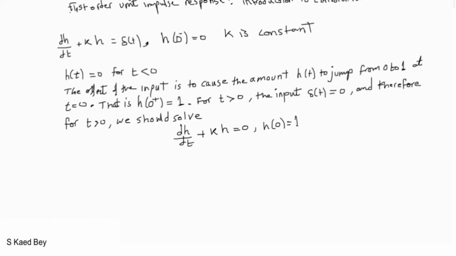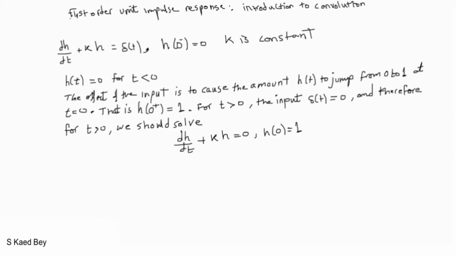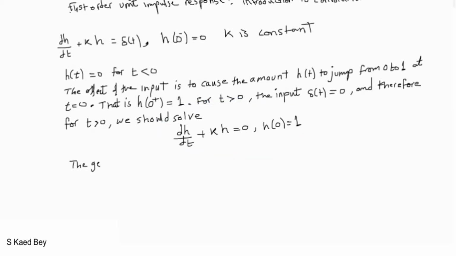Since we are interested in the unit impulse response for t greater than 0, we should solve the following differential equation based on the initial condition that the height at time 0 starts at 1. Remember that the general solution we have for this first order differential equation is in the form of c times exponential of minus kt, where c is the constant and k is the decay rate.